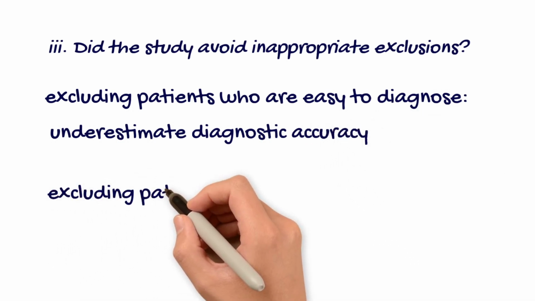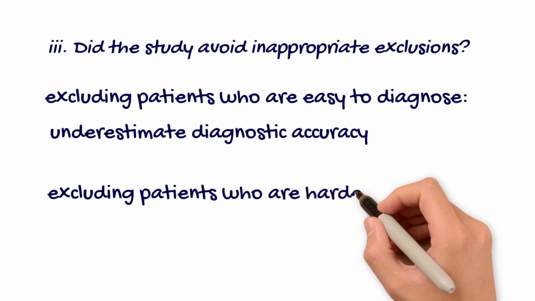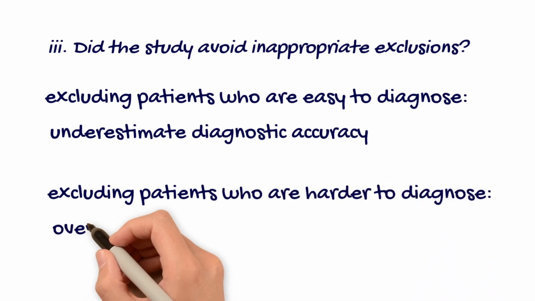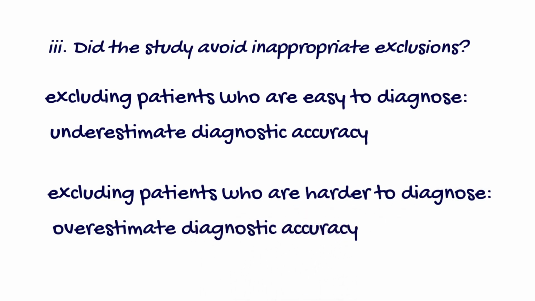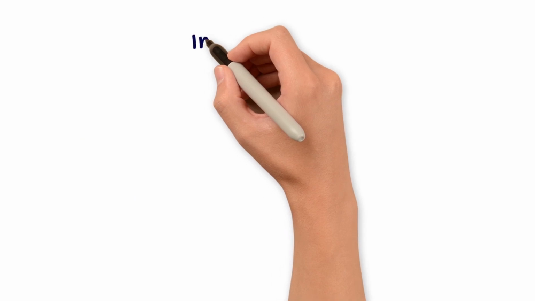On the other hand, if they leave out patients who are harder to diagnose, it might make the test's accuracy seem better than it really is. Those challenging cases are important to study because they show how well the test works when things are not clear. Including a diverse group of patients helps us know if the test can accurately identify the condition in different situations.